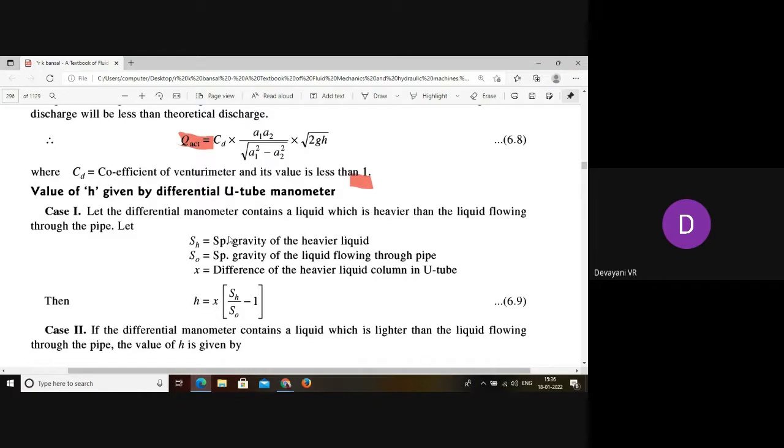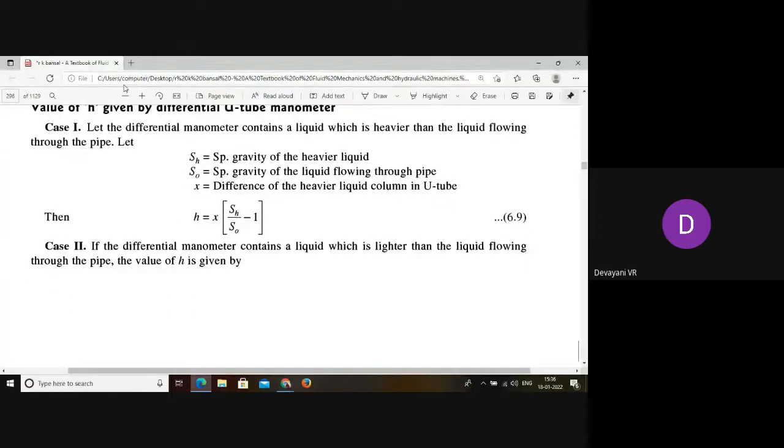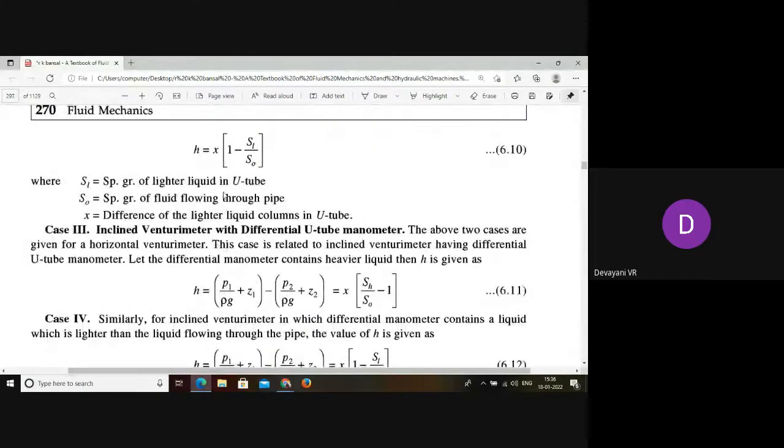So in this case, the H value can be calculated by using the formula H equals X into (1 minus SL by SO). Here SL is the specific gravity of the lighter liquid in the tube, and SO is the specific gravity of the fluid which was flowing through the pipe.